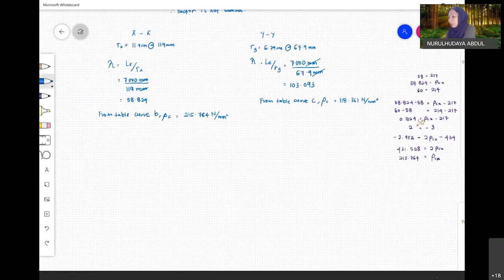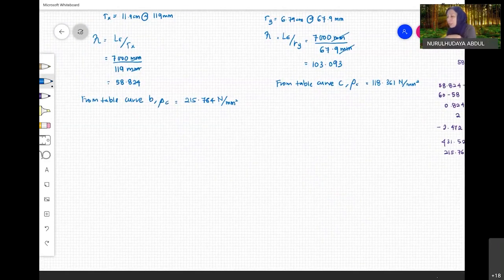So if you look at these values, PCX and PCY, PCY is for the YY axis and PCX is for the X axis. For PCX and PCY, we will take the lower value to calculate the compression resistance, which is PC equal to AG PC.